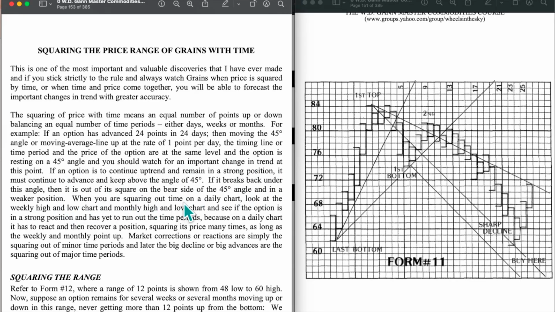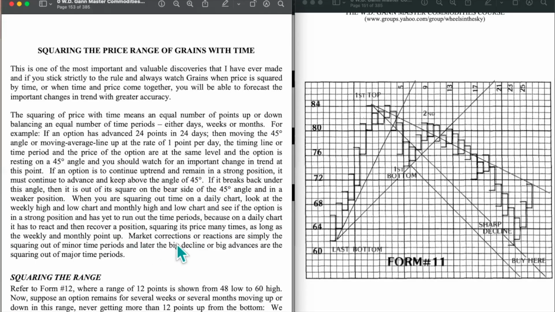When you are squaring of time on a daily chart, look at the weekly high and low chart and monthly high and low chart and see if the option is in a stronger position and has yet to run out the time periods, because on a daily chart it has to react and then recover a position squaring its price many times as long as the weekly and monthly point up.